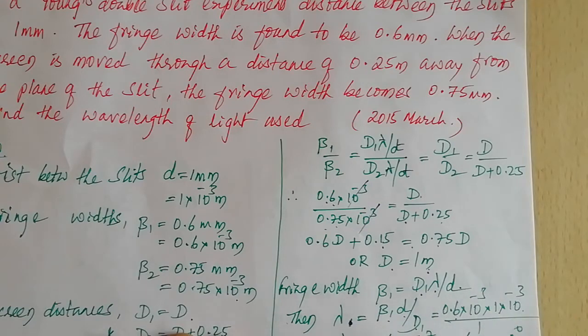On simplification, the wavelength of light used in the Young's double slit experiment is 6 into 10 raised to minus 7 meter, which is the same as 6000 angstrom units.